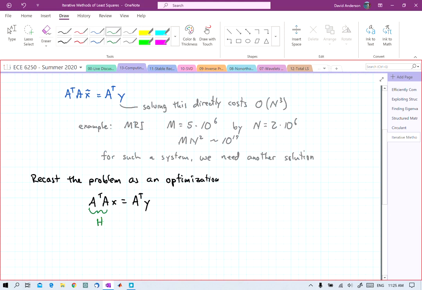A transpose A x equals A transpose y. We'll call that H. We'll call this B. And then of course we have our X. So we have Hx equals B. And we know that this is symmetric and positive definite.